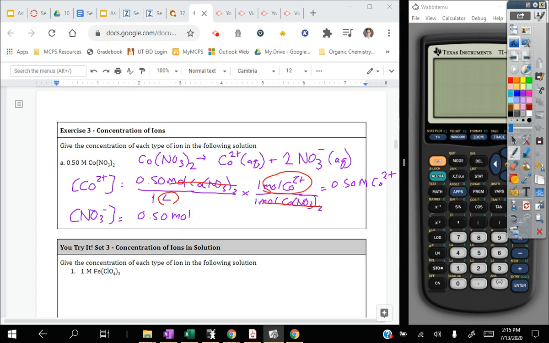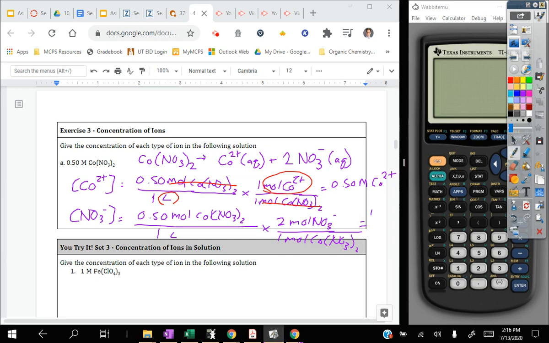0.50 mole of cobalt nitrate over 1 liter. This time you have 2 moles of nitrate ions for every 1 mole of cobalt nitrate. So we have to multiply our answer by 2.